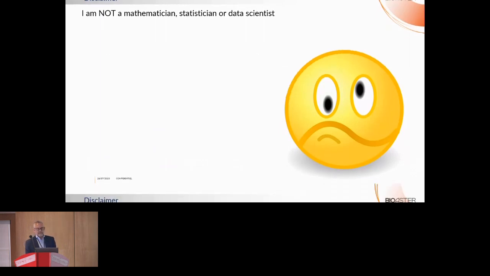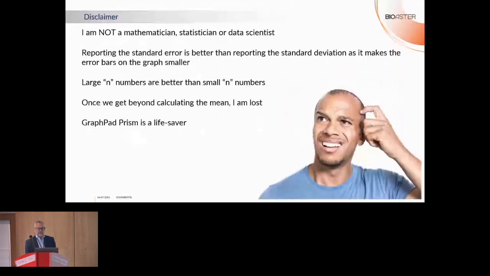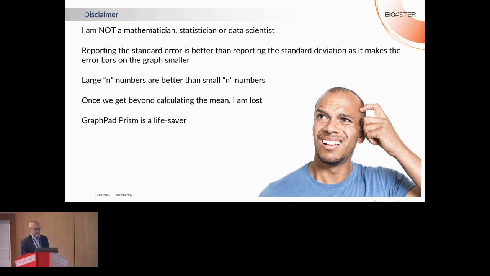Reporting the standard error is much better than reporting the standard deviation because it makes your error bars smaller. I've gathered that large N numbers are better than small N numbers. And once you get beyond calculating the mean, I've got to be honest, I'm a bit lost. GraphPad Prism has saved my life on many, many occasions. I know what statistics need to be done, how you calculate them, not a clue.